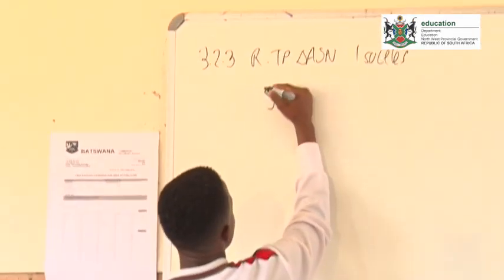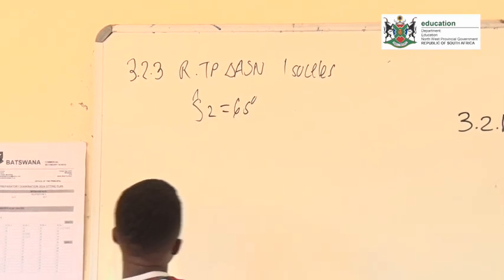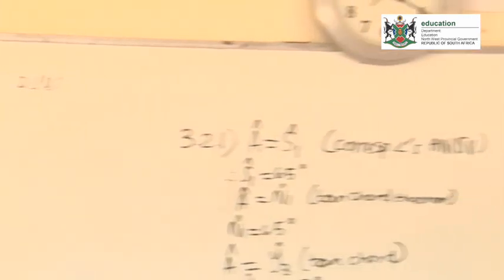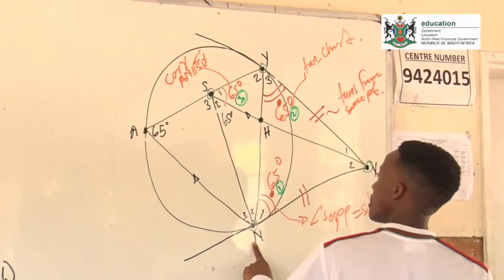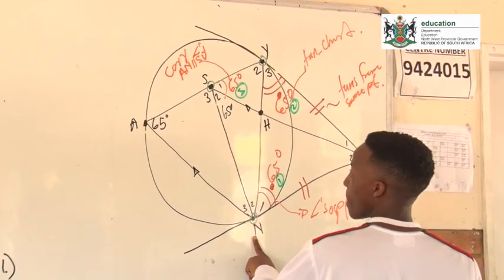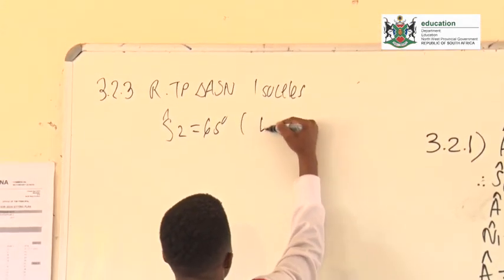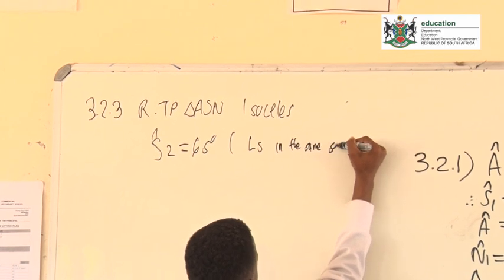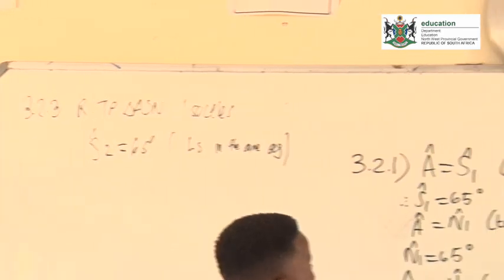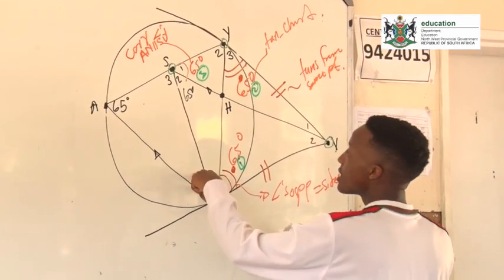So we're going to say angle S2 is equal to 65 degrees. And then we know that we have parallel lines. We need what? The reason. Why are you saying S2 is 65?